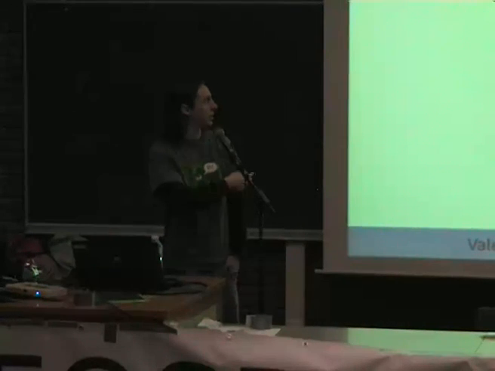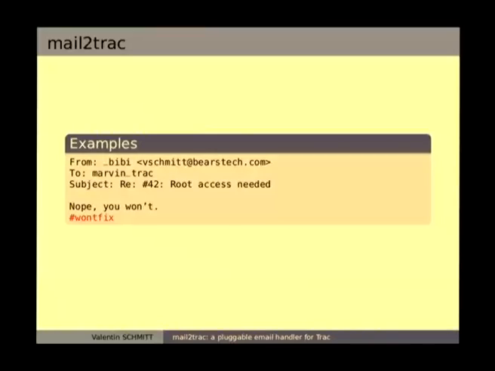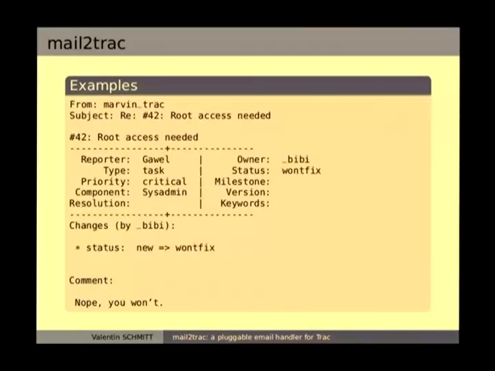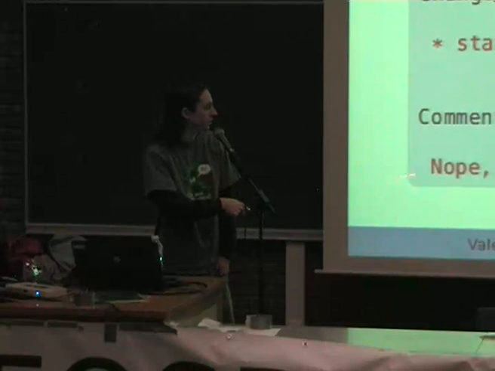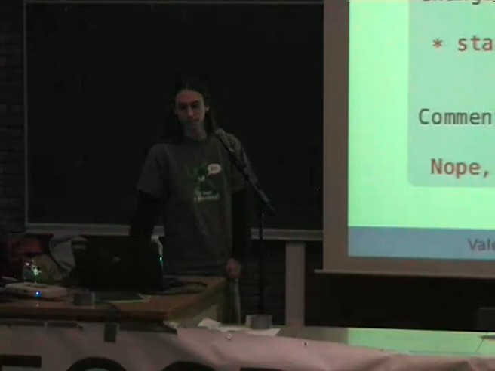It also gets hash 1 fix, which is the status of the ticket, and it sets it. Then it sends us the notification with the number of the ticket, the status which has been modified, and it adds the comments.